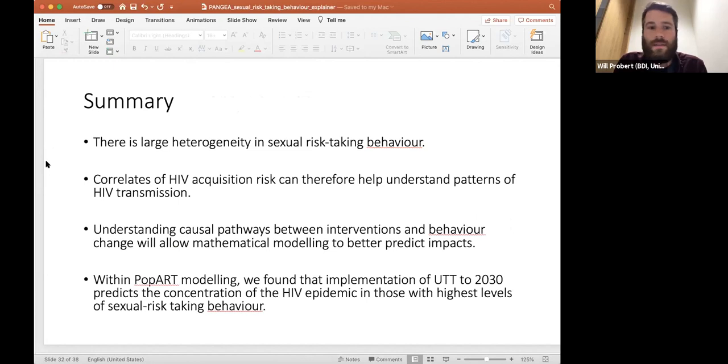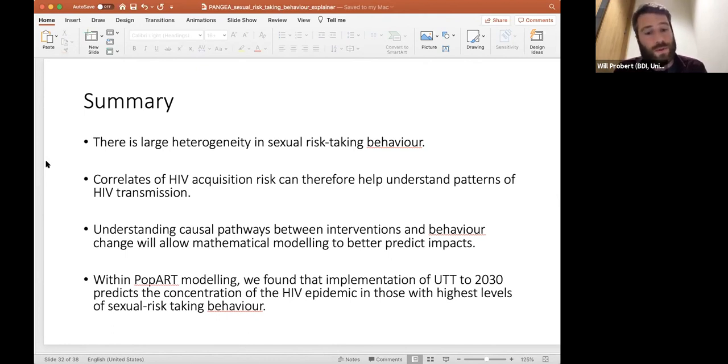Just to summarise, there's large heterogeneity in sexual risk-taking behaviour in the population. This correlates with HIV acquisition risk, meaning that using these within mathematical models can help us understand patterns of HIV transmission.